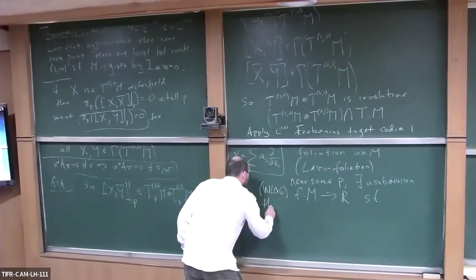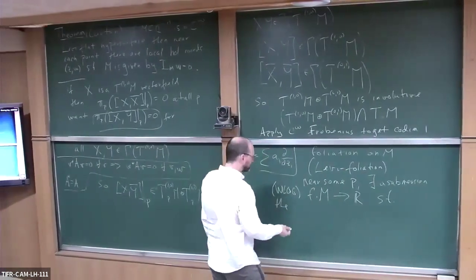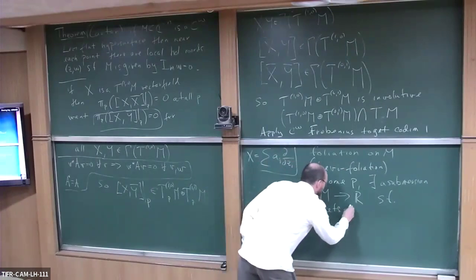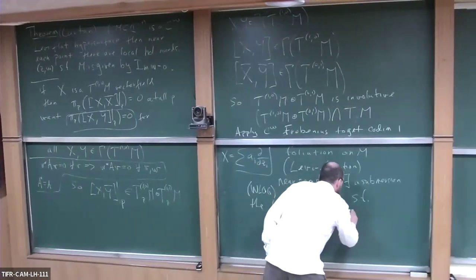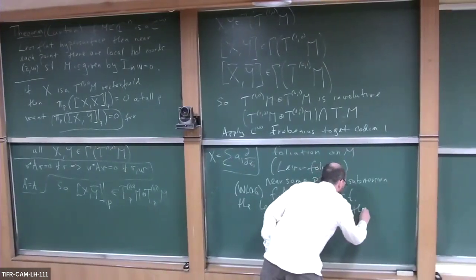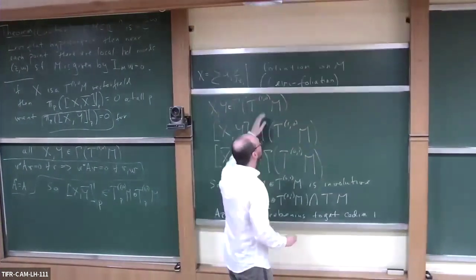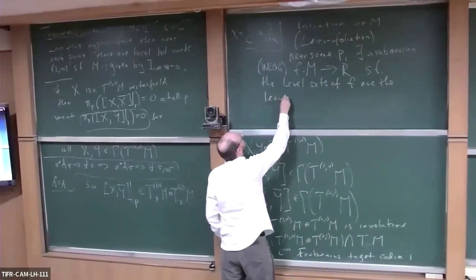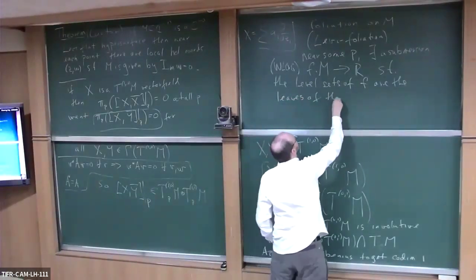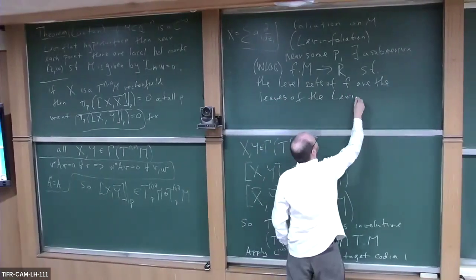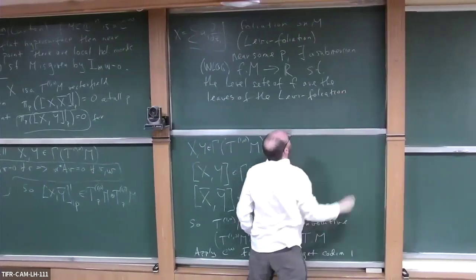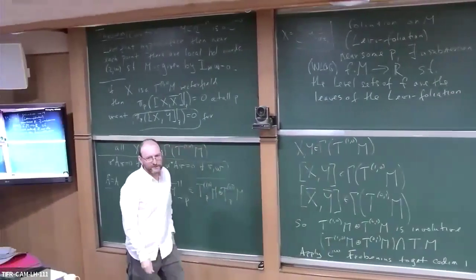Such that the level sets of F are the leaves of the foliation. Right.